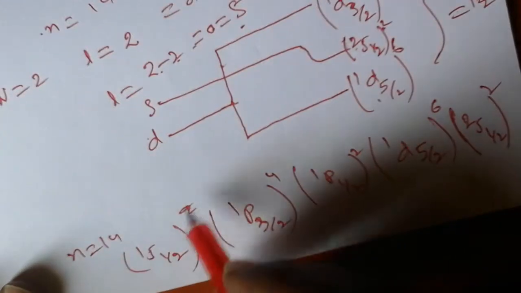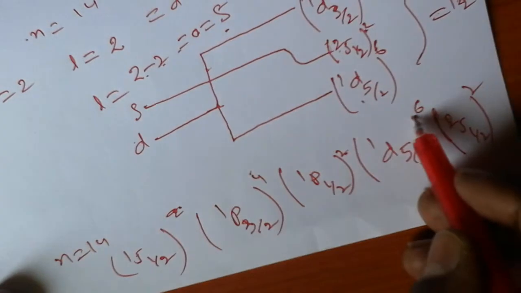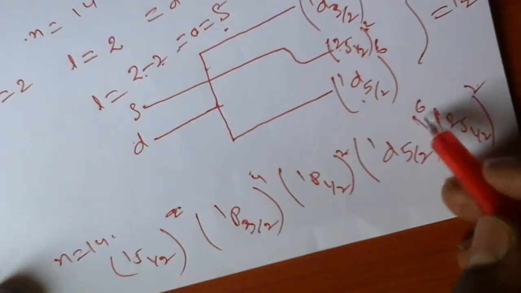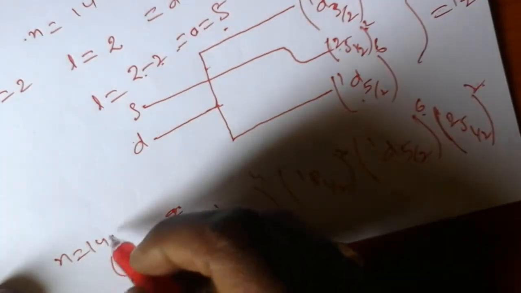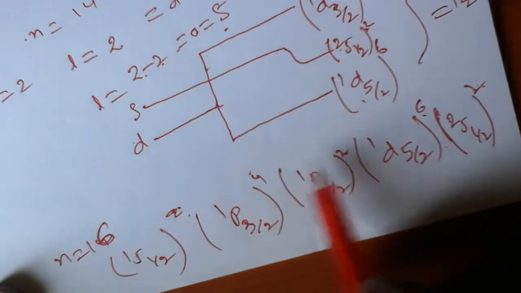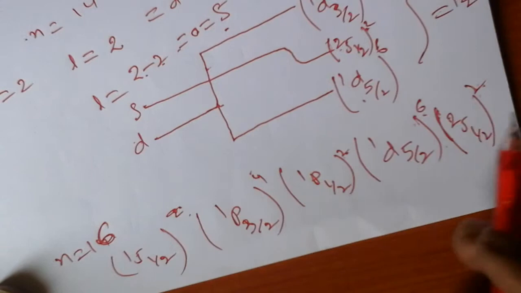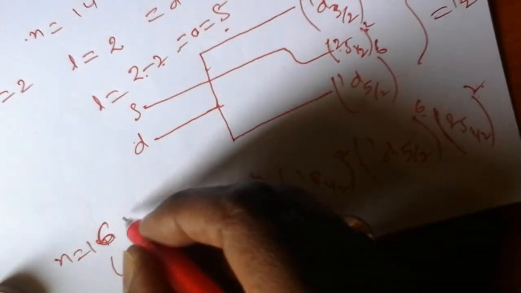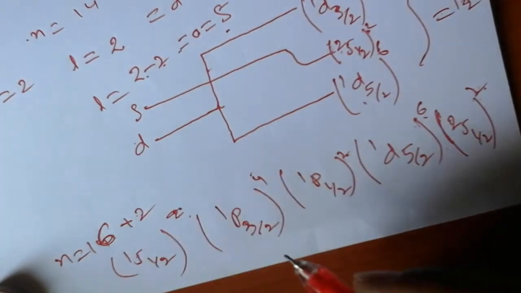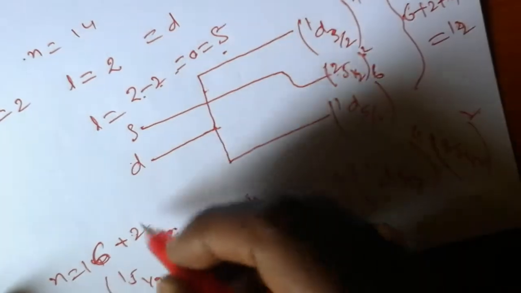So 2 plus 4 plus 2, 8, plus 6, 14. So 14 is already over, plus 2 can be written, but it is extra. It is becoming 16, and like this you can extend. 16 plus 2 is 18, so we can write 18 plus 4.